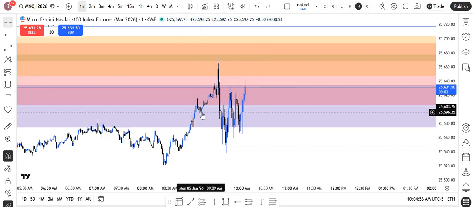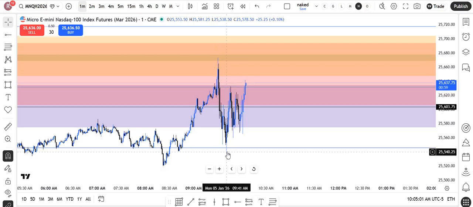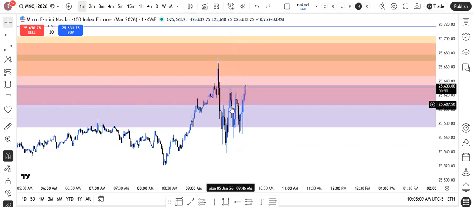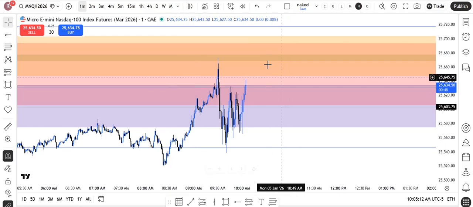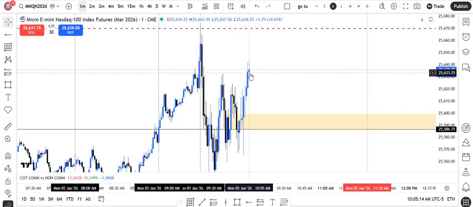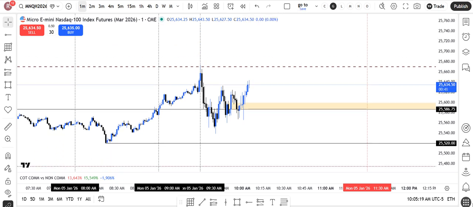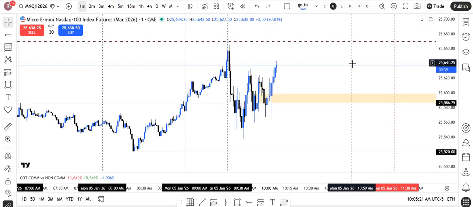But, like I said, we have the opening range defined from here to here, which is the highest high and the lowest low from 9:30 to 10 o'clock, the first 30 minutes. So this is the range that we're in right now. Like I said, I marked it out on this chart, and I said, here's the range.